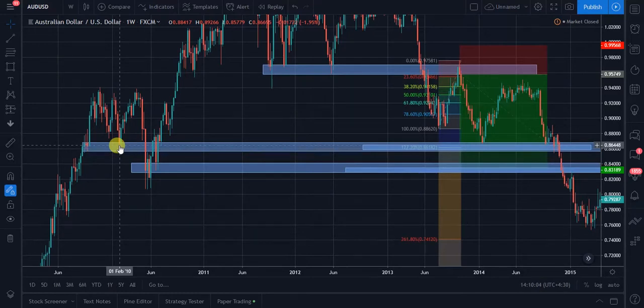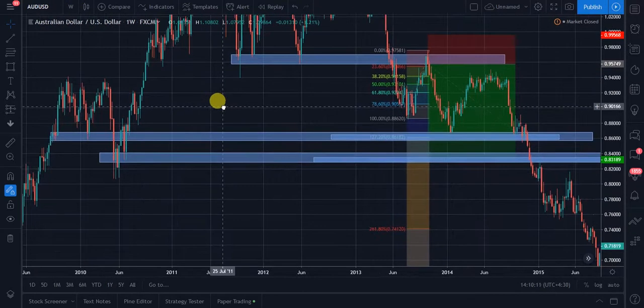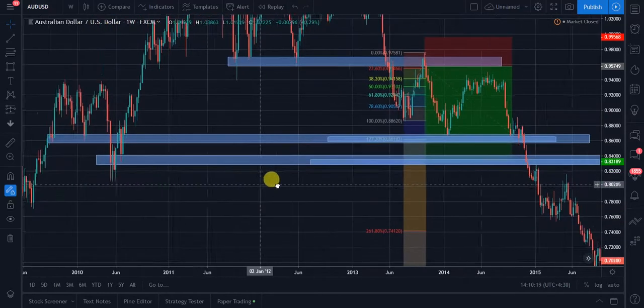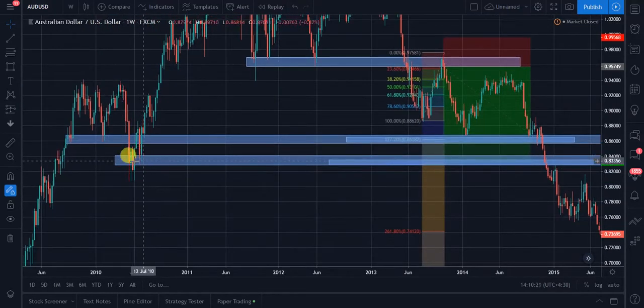It's about 9 years ago, but this time frame is weekly, so don't worry. That's our second target. This one is our third target. So you can see here some support zones.